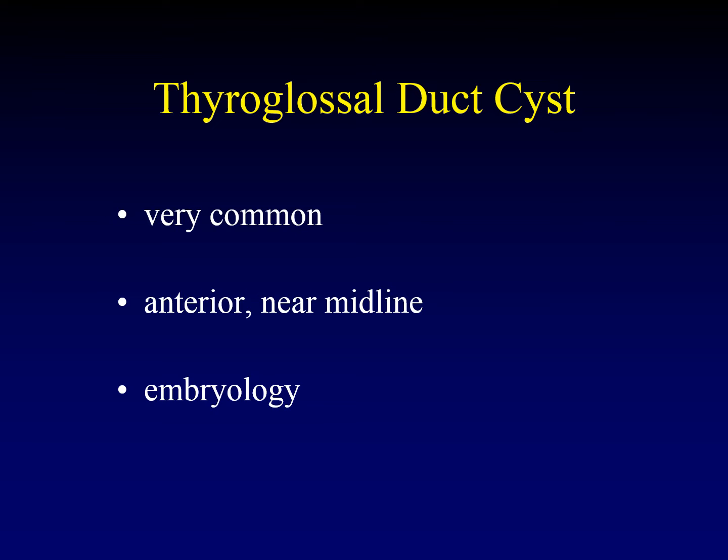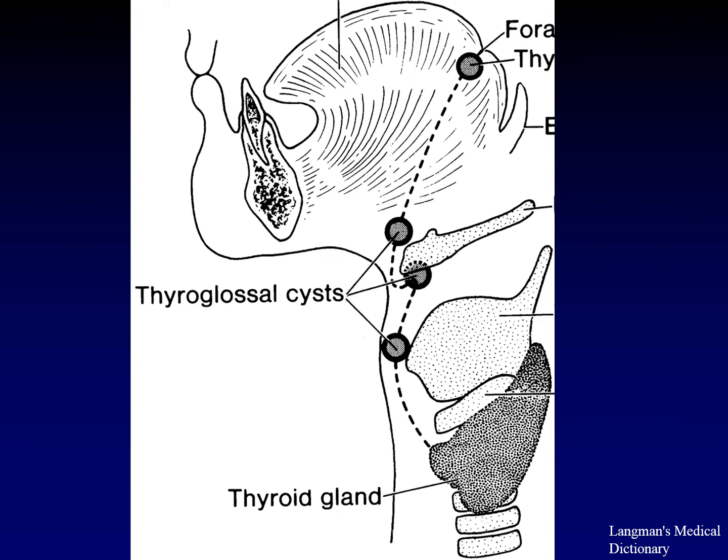They appear in the anterior neck near the midline, and they're usually pretty clear clinically when they arise. In order to understand the different potential locations of thyroglossal duct cysts, you need to understand the embryology of the thyroglossal duct. In adult life, the thyroid gland sits down at the base of the neck, but interestingly, it doesn't develop there in fetal life.